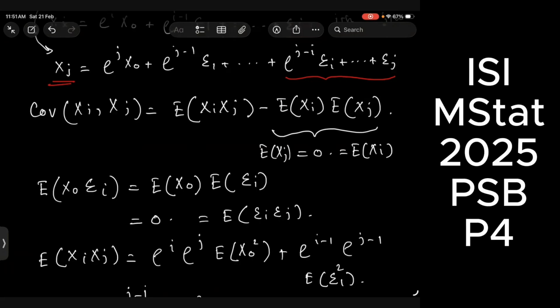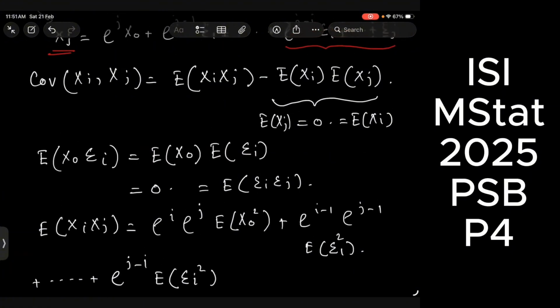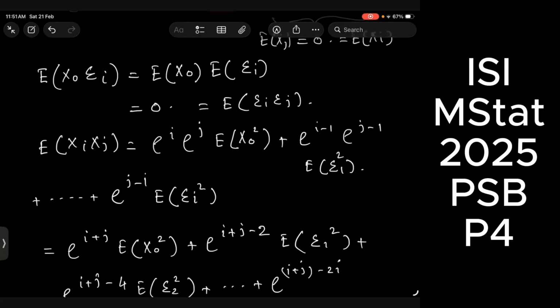Navya. So what is the basic definition of covariance? Expectation of xi xj minus expectation of xi into expectation of xj, right? So we have calculated the basic terms and showed it.